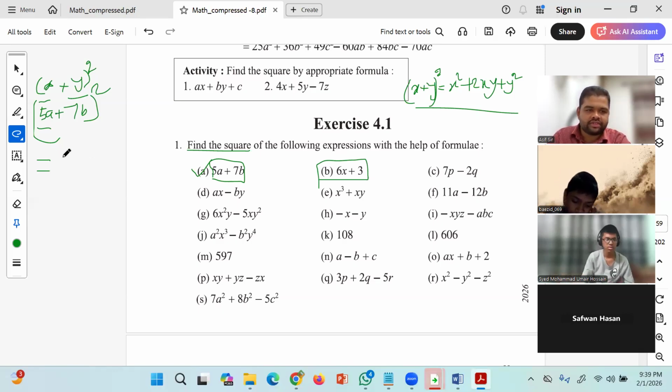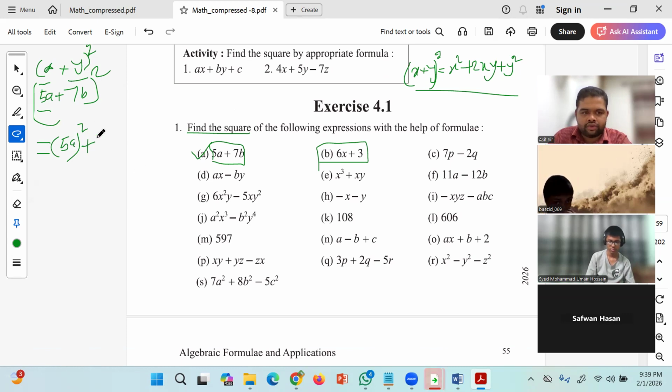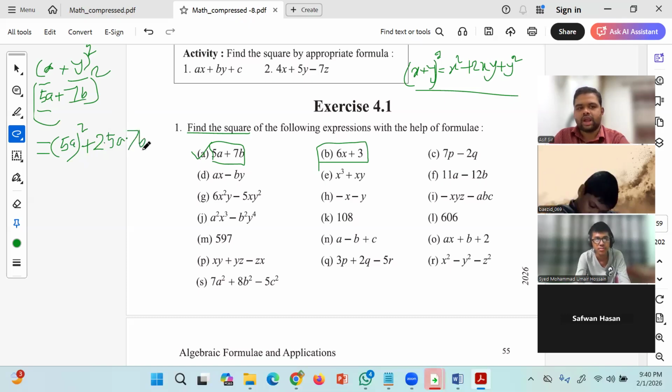Now, using this formula, let's write it down. First, we have to write x squared. x is what? 5a is the x. So (5a) squared plus 2xy. Instead of x, we have to write 5a because we are considering 5a as x, into y. What is y? Here 7b is the y. So we write 7b, plus, from the equation we have found that there is a plus here.